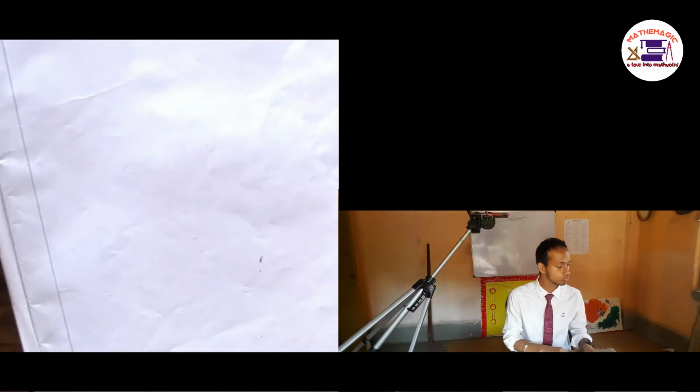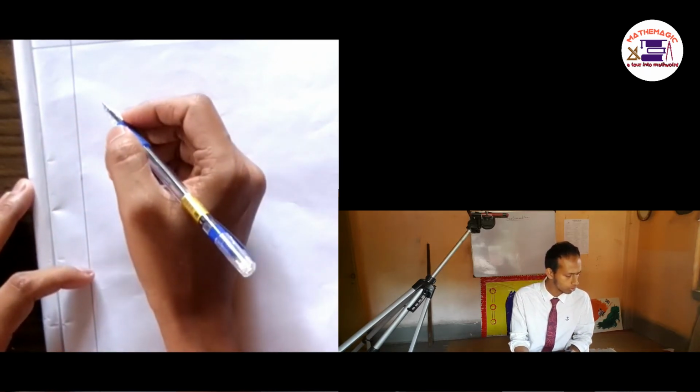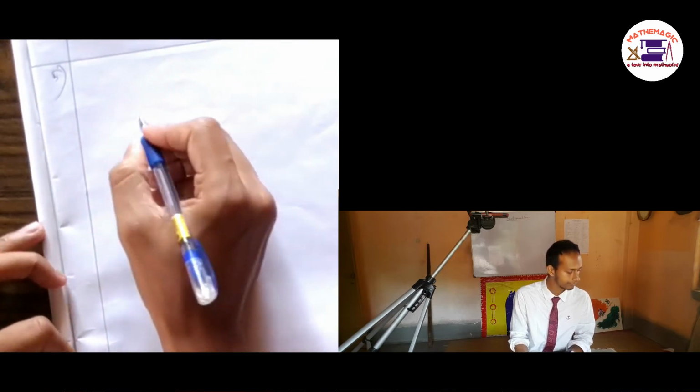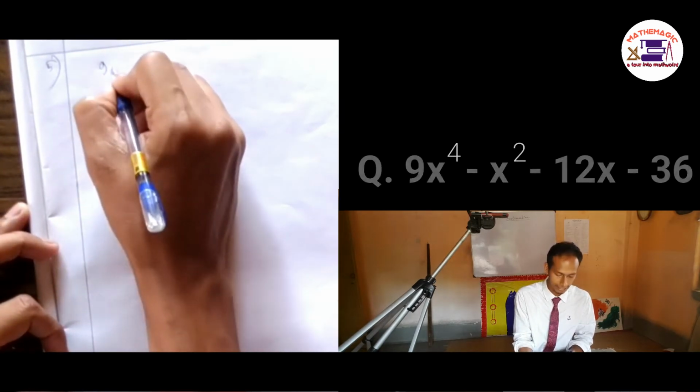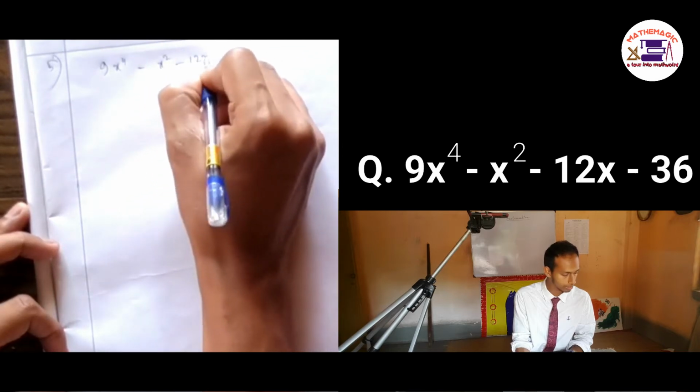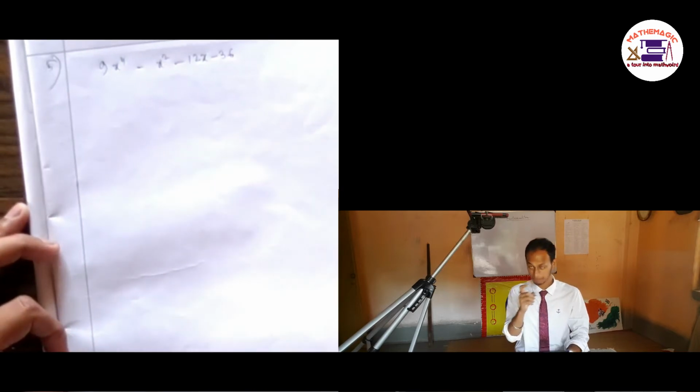So this was the easier one. Now let's go straight to a little bit harder one. I want to solve this one. The last one was number 4, so number 5: 9x to the power 4 minus x square minus 12x minus 36.